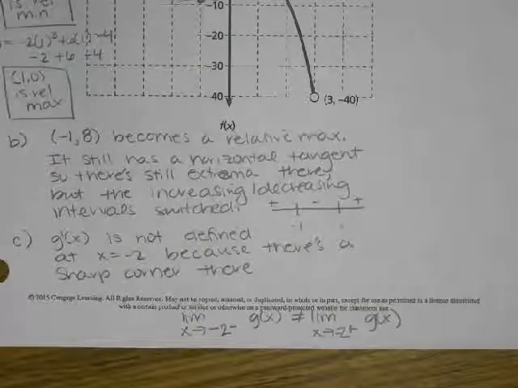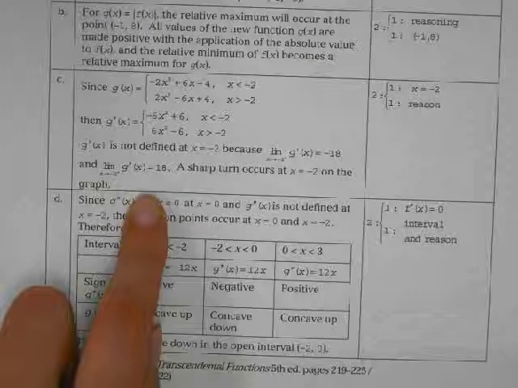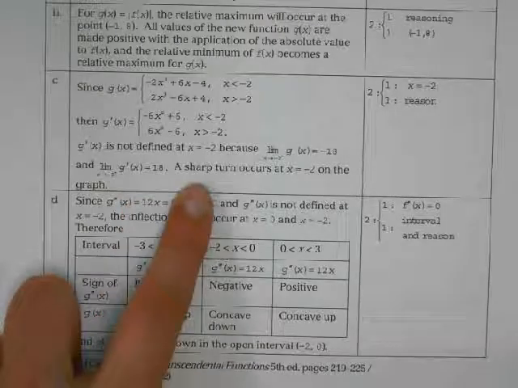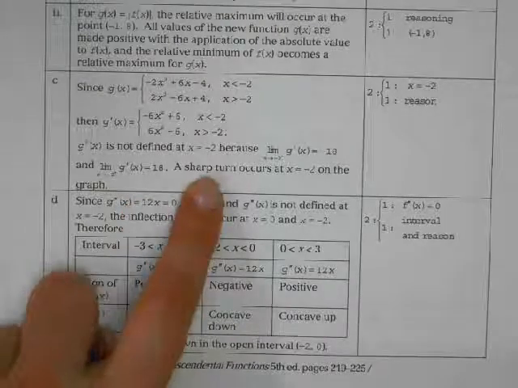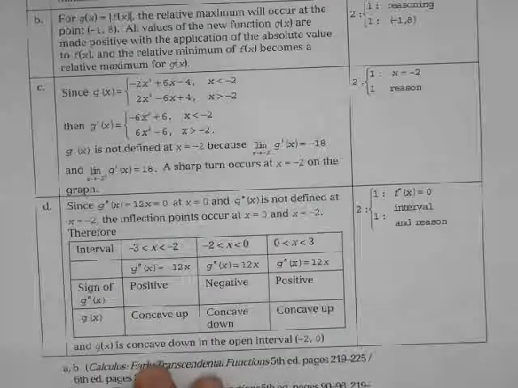And in this problem, they included that in their description of the problem, that the left-hand limit and the right-hand limit did not agree. They did say a sharp turn, sharp corner, so 2 points for that, 1 for knowing it was at -2, 1 for giving your explanation.